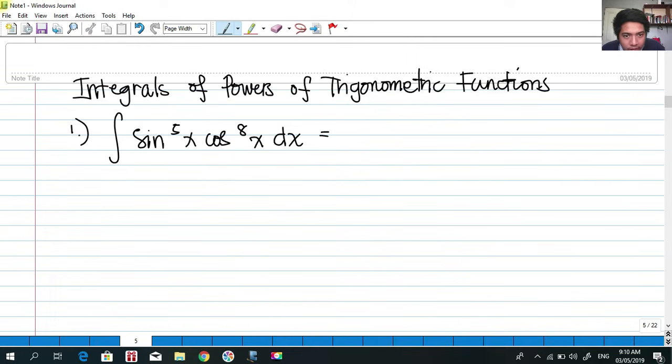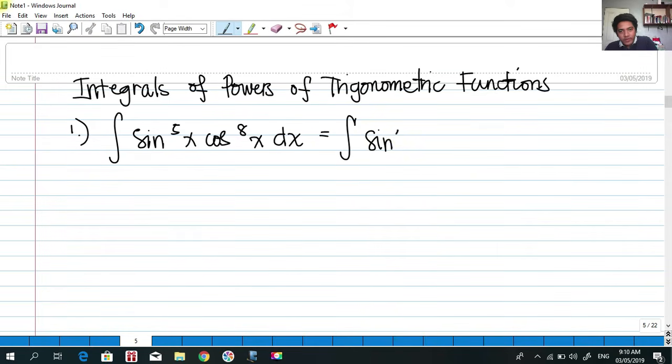So first of all, if you see this integral, you first pick the function that is raised to an odd number. So in this case, we have sine raised to 5th of x. Okay, so what we are going to do is to strip off one sine from that trigonometric function.